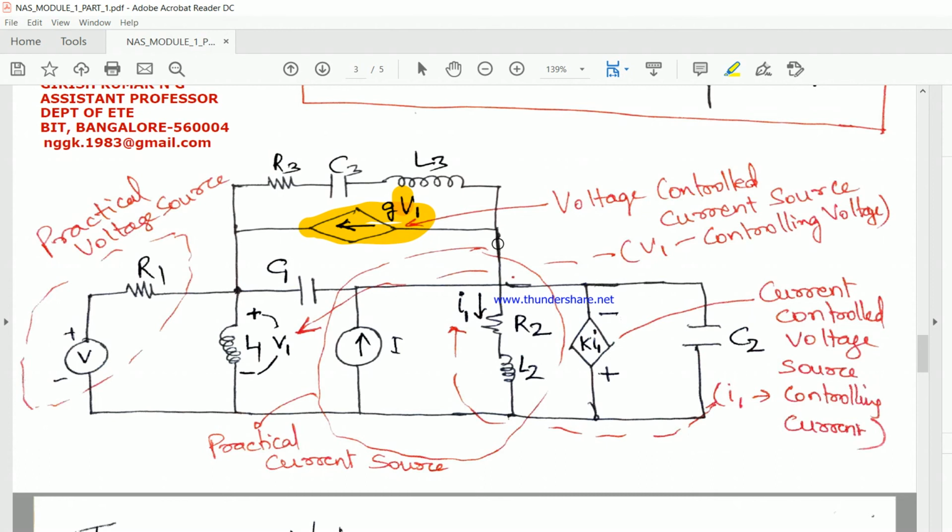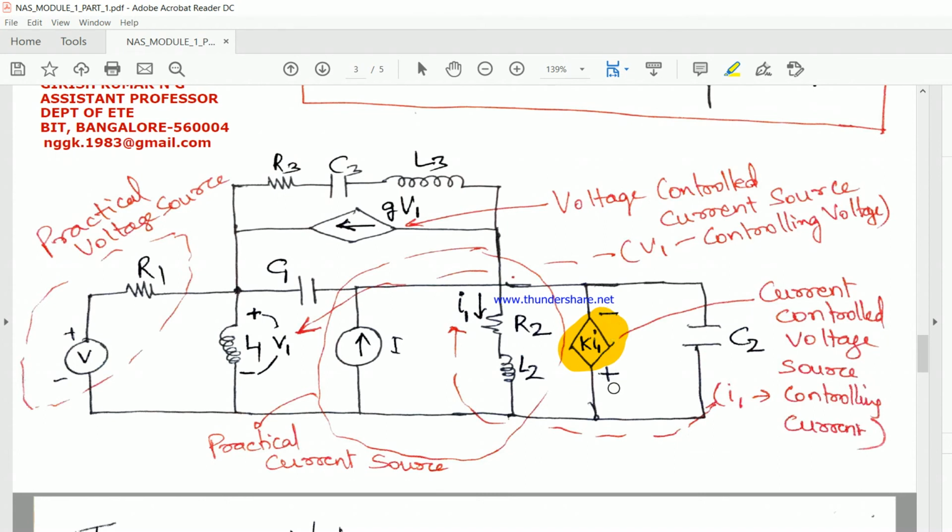Similarly, the next thing is K into I1. See, K into I1 is the source. Now how do you find out what type of source? I said inside arrow or inside plus or minus. No bother if it is mentioned outside. See here, minus and plus means that it is a voltage source.